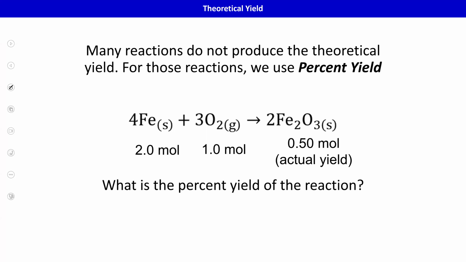If we want to know the percent yield, percent is always the same equation, right? It's always the part divided by the total times 100. There's part. That's not as much as I could have made. The total is the amount I should have been able to make. So the 0.67.